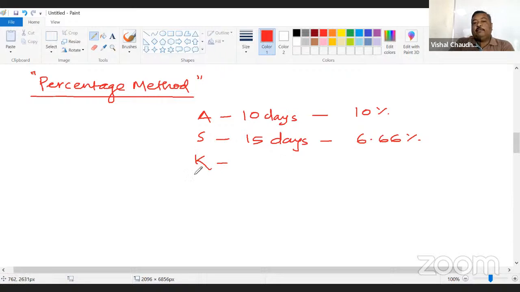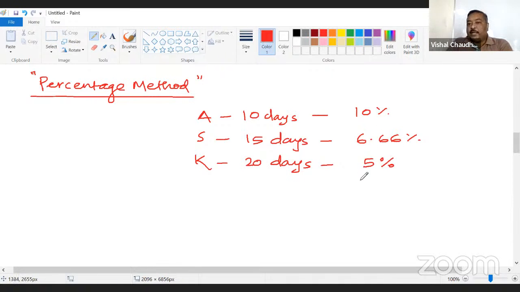And we have Kelvin, who does it in 20 days. So 1 by 20, and that is his efficiency, 5% every day, isn't it? So 10 into 10, 100% job done. 6.66 into 15, 100% job completed. 5 into 20 days, that is 100%, and job completed.